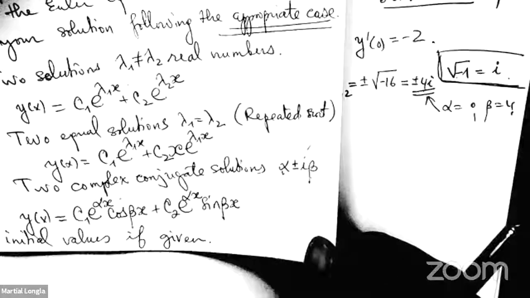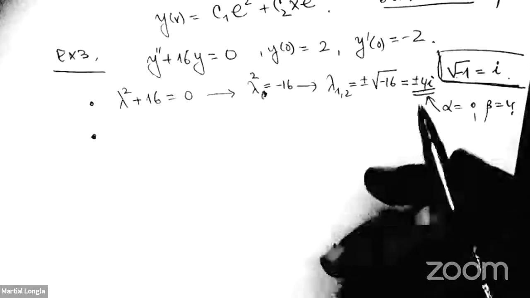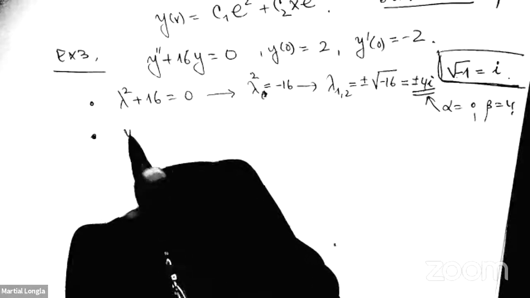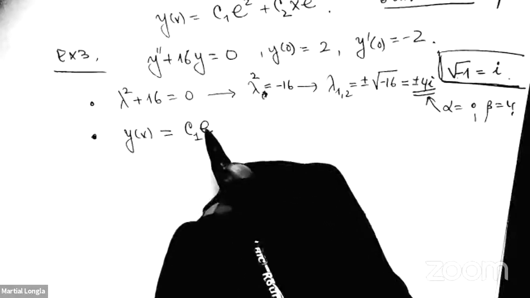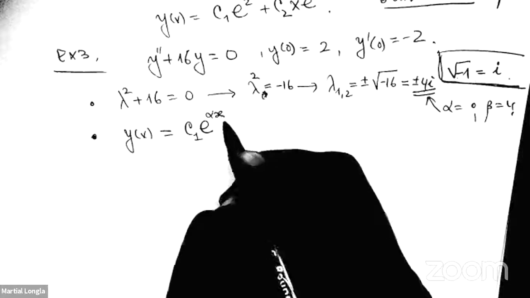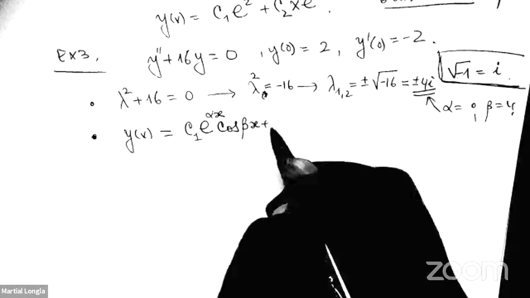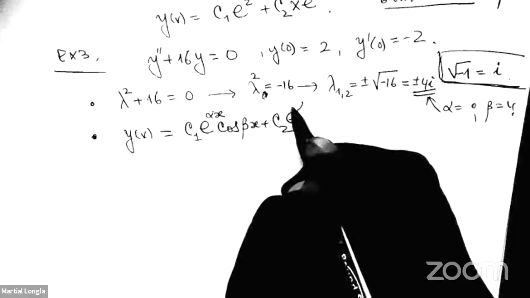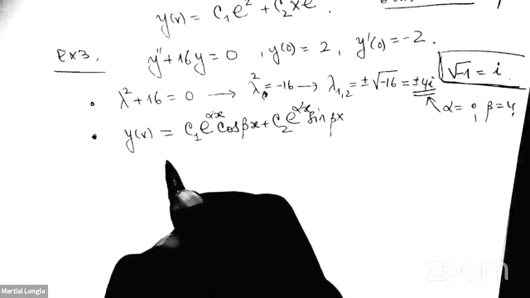Are we good? All right. So therefore, y of x equals C1 e to the alpha x cosine beta x. Let me write completely the answer before putting the numbers. Plus C2 e to the alpha x sine of beta x.